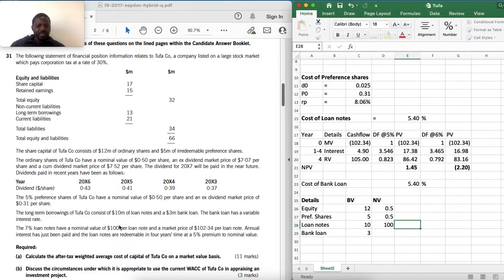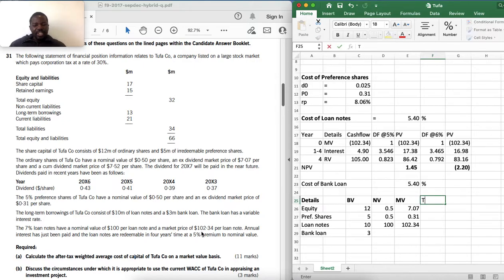The bank loan doesn't have a nominal value. Then we will also do our market values. The market value of our equity shares ex-div 7.07. The market value of our preference shares 0.31. The market value of our loan note 102.34. There is no market value for the bank loan.